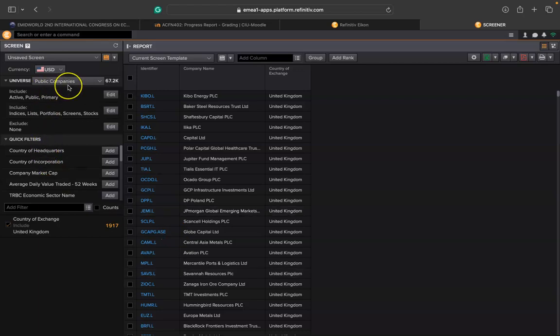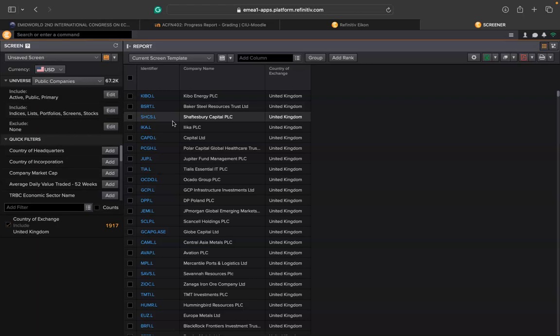Now, under the universe, I'm using public companies. You can choose the private companies, but the problem with Eikon is that the private companies data is not that vast. So I will go with the public limited companies. As you remember from the paper, they said that they're using non-financial companies.